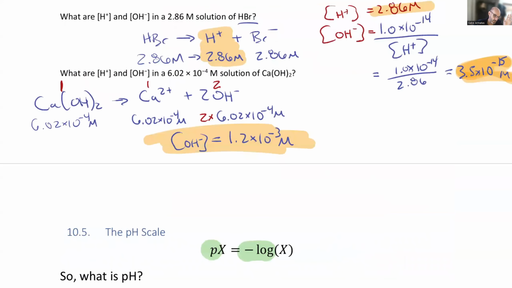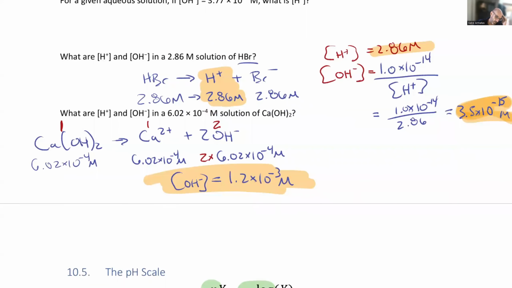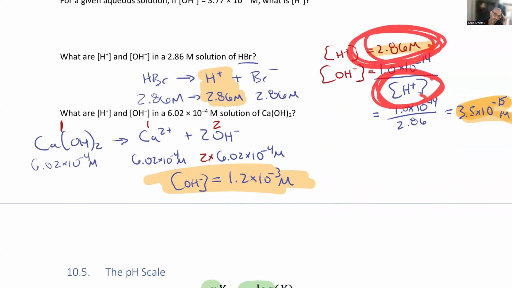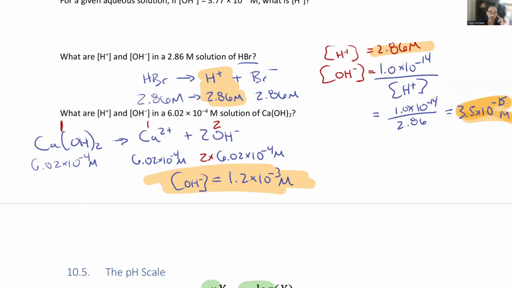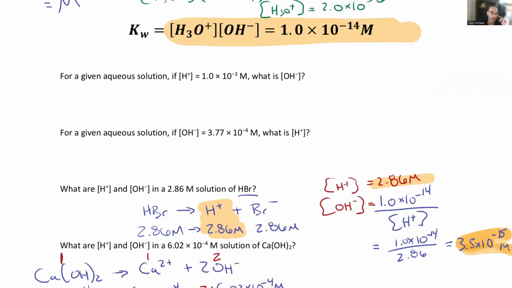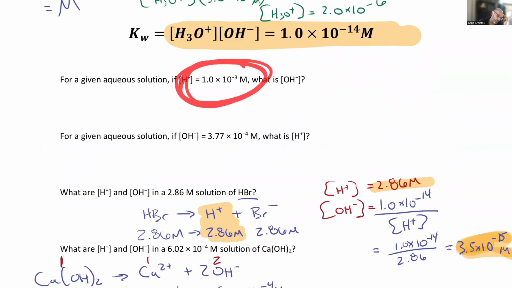So if we go back to our previous solutions and we look, the concentration of H plus is much greater than 1 times 10 to the negative 7. So this is super acidic. Concentration of H plus is 1 times 10 to the minus 3. This is super acidic. Okay.